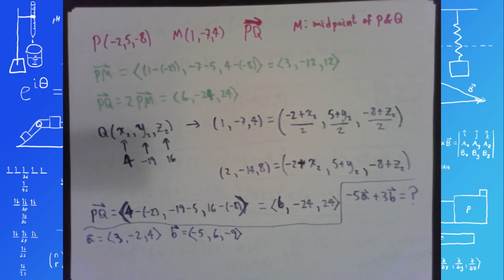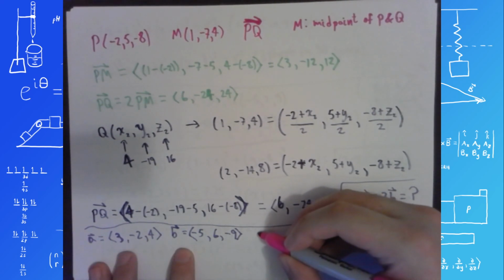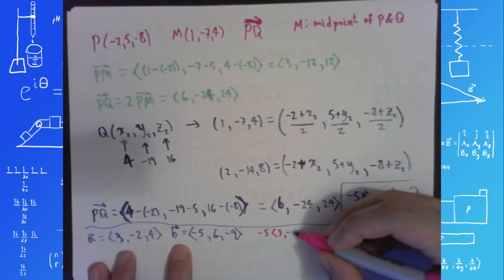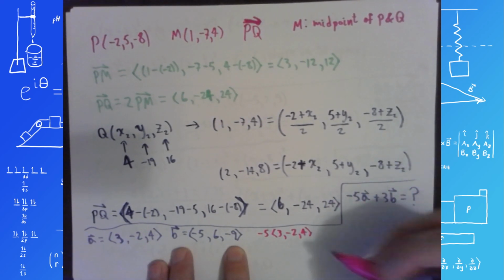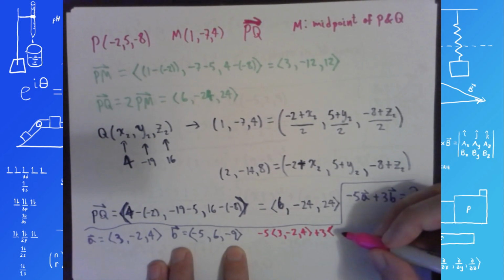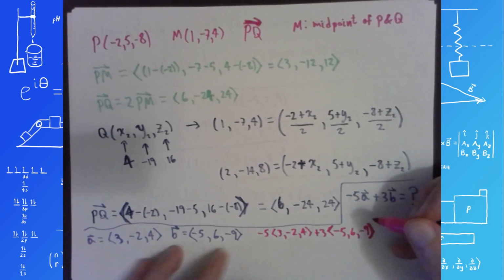Okay, negative 5A plus 3B would simply be negative 5 times this stuff. It just distributes. And then plus 3 of negative 5, 6, negative 9. Whoops, angle brackets, not parentheses.